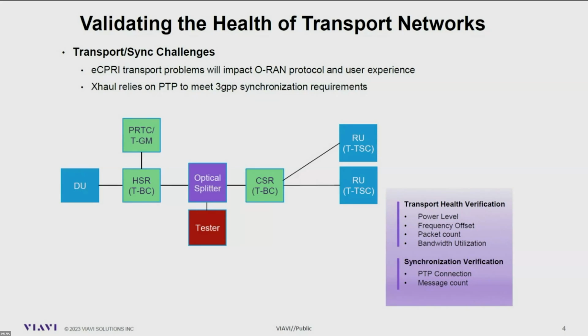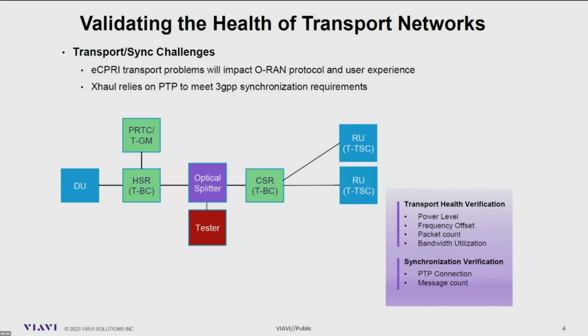If it is a 10 gig link, it should be several gigabits. If you are not seeing so many packets, then something is wrong with the network. And then for synchronization, similar things. Just make sure there is a PTP session going on that link with master and slave and some PTP packets. So this is a very basic transport health validation.